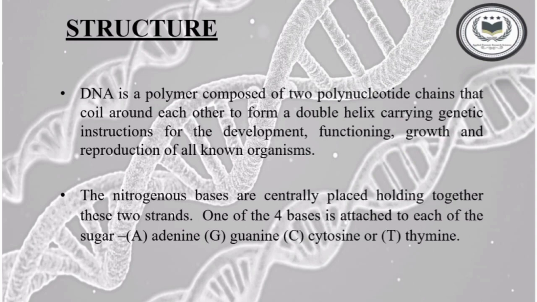So how is it made? It is two polynucleotide chains which are wound around each other, and they act as a double helix structure, held together by the nitrogenous bases placed centrally, holding together two strands. These four bases are adenine, guanine, cytosine and thymine, that is A, T, G, C. These bases are attached to each other by the sugar moiety.